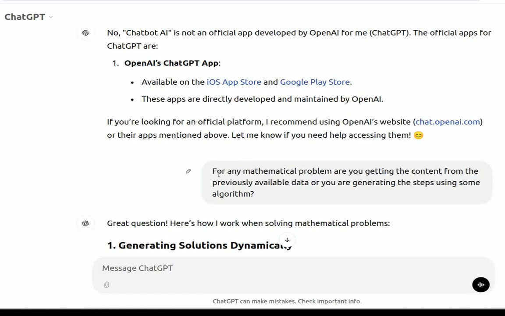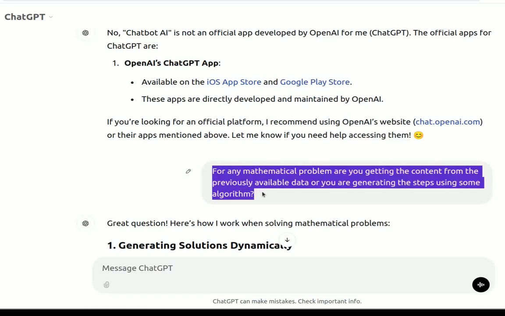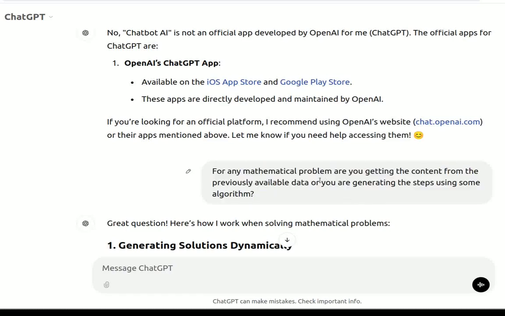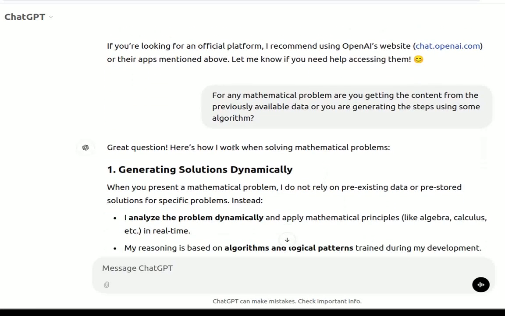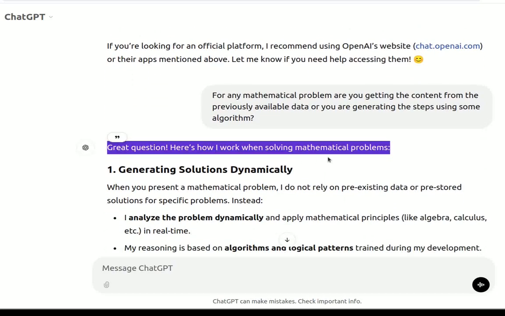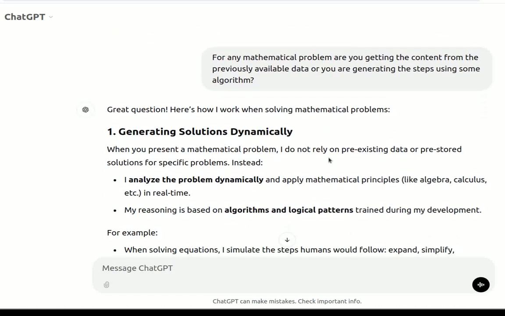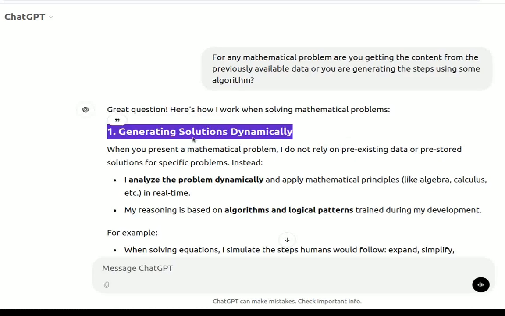So I just posted this question: for any mathematical problem, are you getting the content from previously available data, or are you generating the steps using some algorithm? Yeah, it is recognizing that it is a very good question, and it is listing how it is generating the solution. It is not from any statically available data previously solved by someone, but it is generating dynamic data.